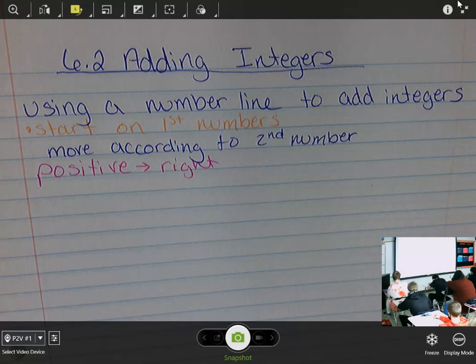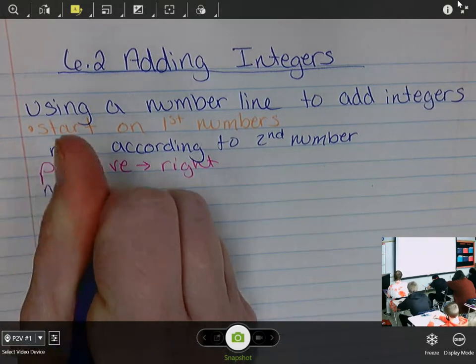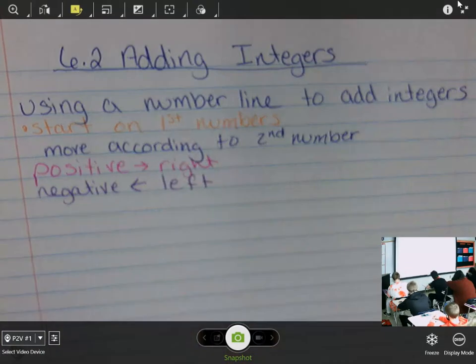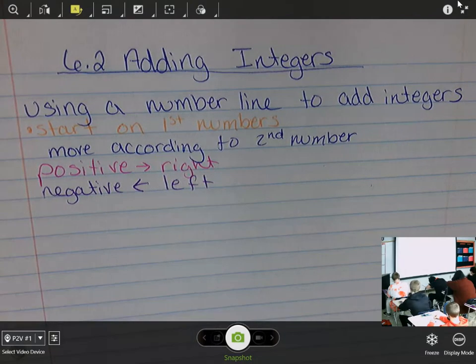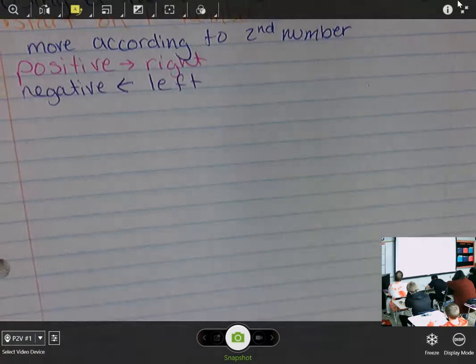If the number is negative, you move to the left, and you move however many spaces it tells you. So if it's positive, you move to the right, and if it's negative, you move to the left. Okay? All right, so let's show you an example.